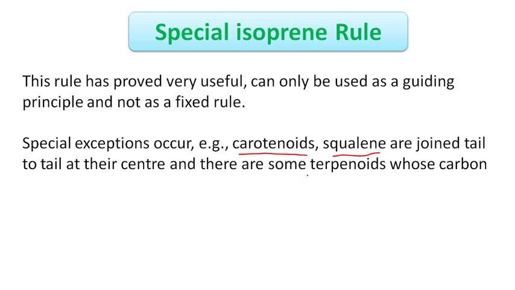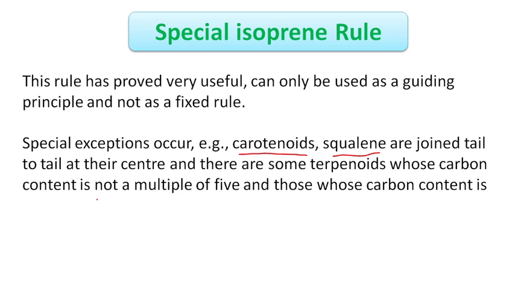And there are some terpenoids whose carbon content is not a multiple of 5. For a molecule to be a diterpenoid, it must contain 20 carbon atoms.